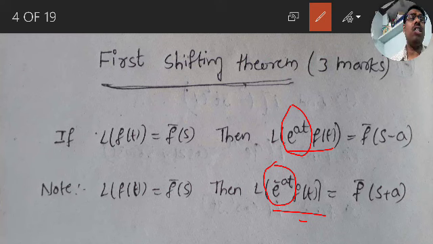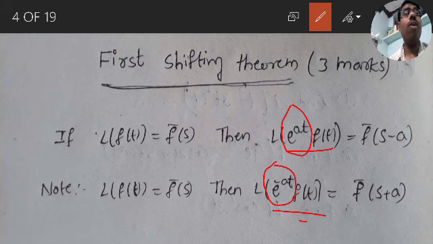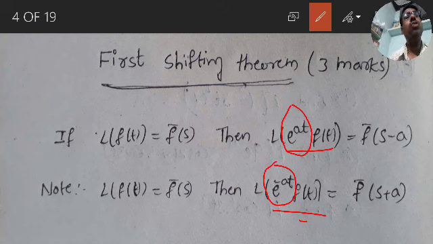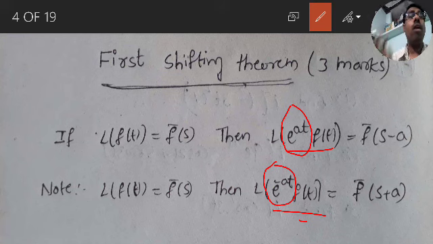Whereas in differentiation we have a general product rule, the derivative of a product of two functions. In integration also, integration by parts or Bernoulli's rule is there to find the integration of a product of two functions, but there is no general rule to find the Laplace transform of a product of functions.